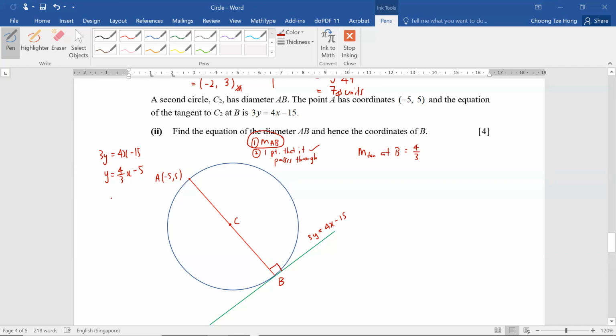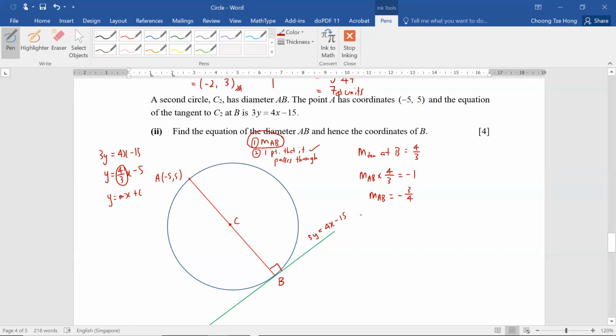You put the equation of the line in y equals mx plus c form, so this 4/3 will be the m, the gradient. So the gradient of AB, since it's perpendicular to the tangent, times the gradient of the tangent will give you -1. This means that the gradient of AB is -3/4.